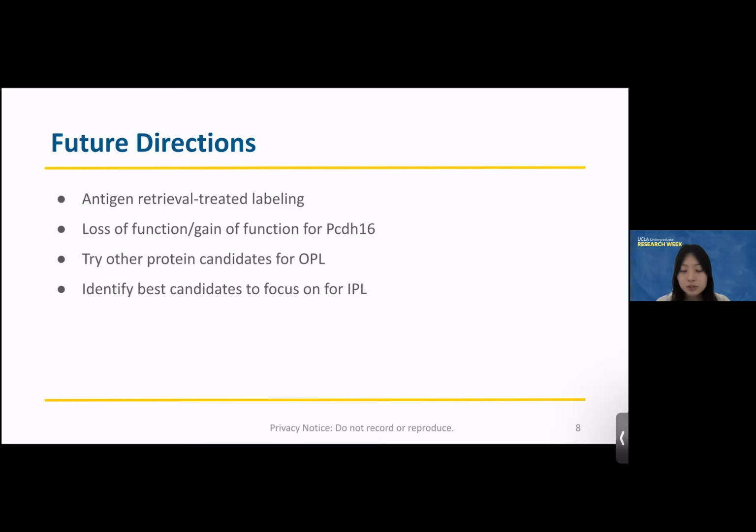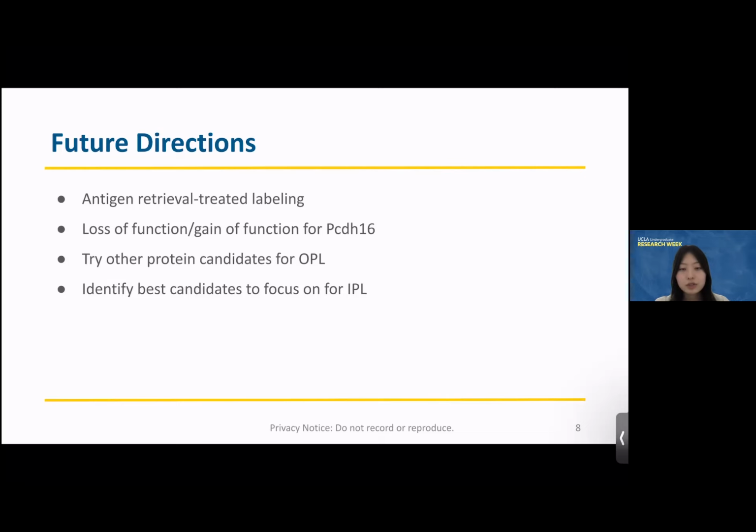We have already run some experiments using heat-induced antigen retrieval, but found it to be unreliable at times in preserving tissue integrity, and so in the future we might also consider trying an SDS antigen retrieval protocol instead.